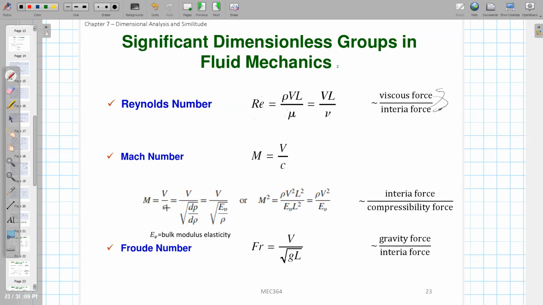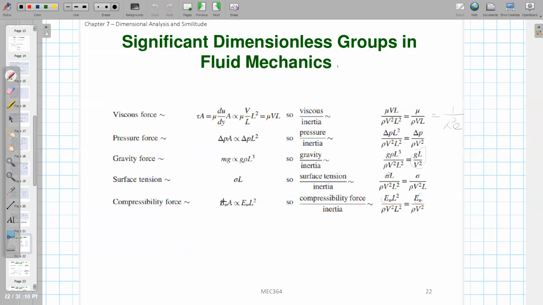You replace the sound speed with dp over d rho, which is the definition of sound speed in thermodynamics. This dp shows the change of the pressure due to the density, right? And it can be rewritten as dp over d rho equals Ev over rho. Remember, this Ev is the same Ev here.